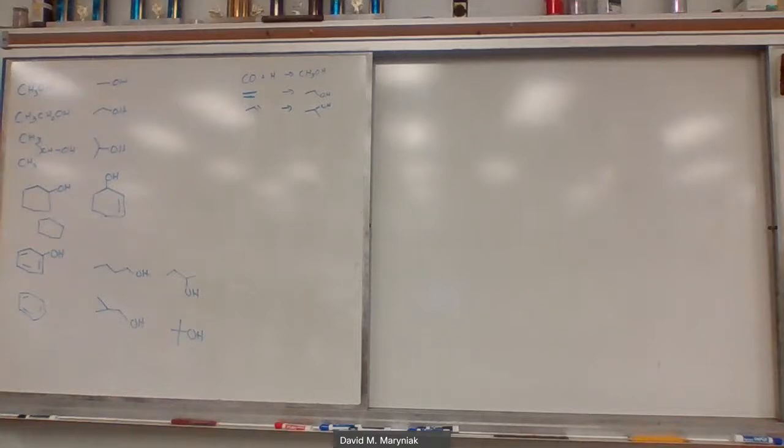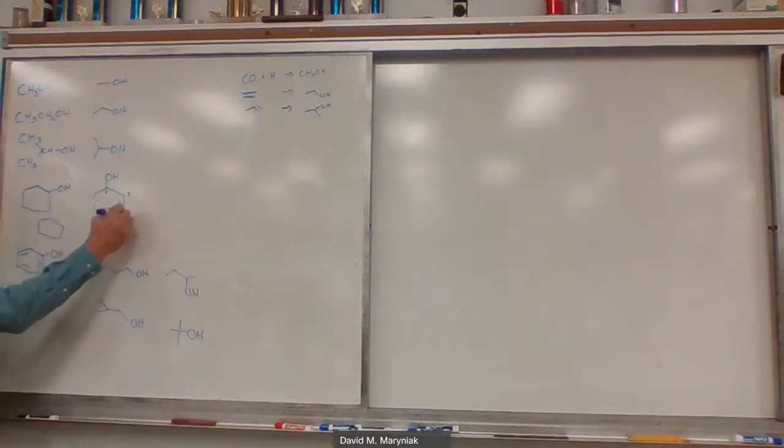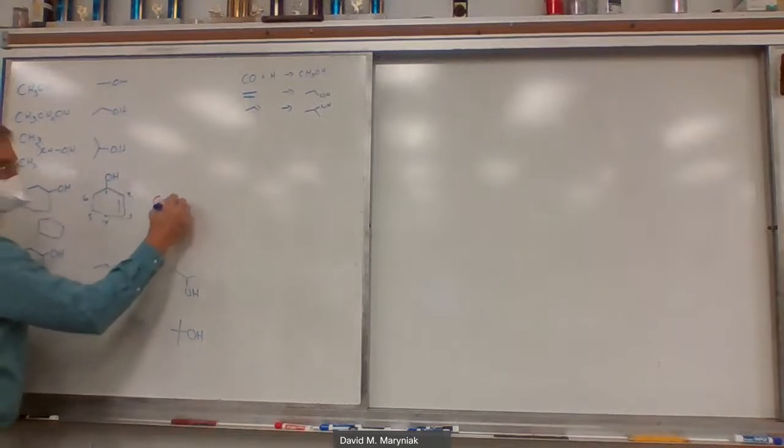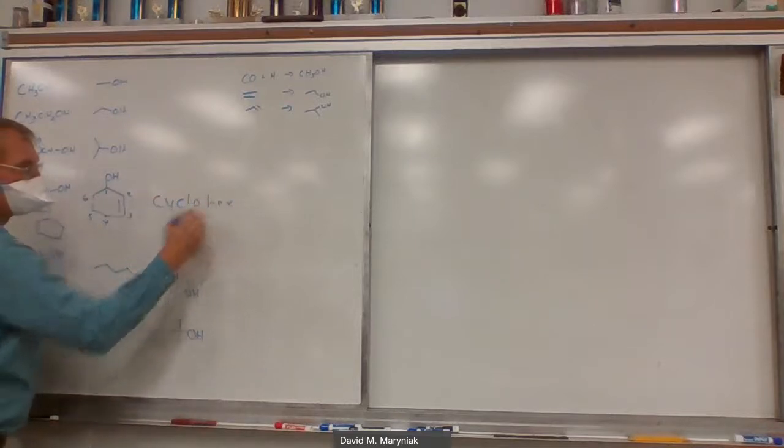If the -ol trumps the -ene, which carbon has to be number 1? this way or would you go that way? So you would go that way and then you would say cyclohex.